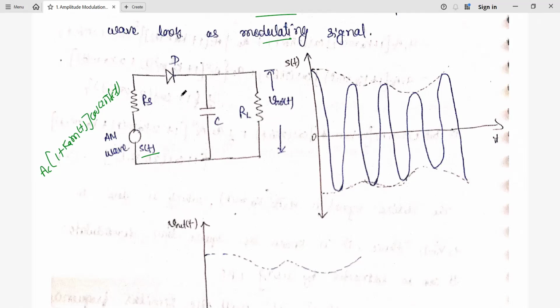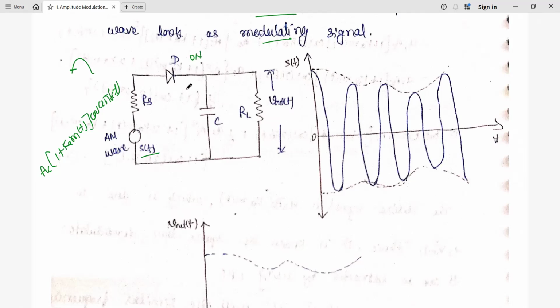When this input signal is above the cut-in voltage for the positive half cycle, the diode will be in the on condition.